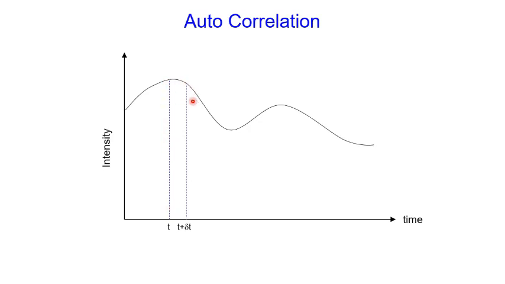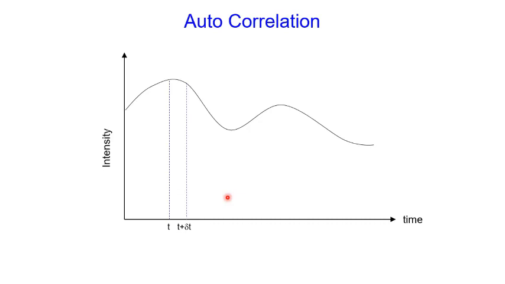So if it compares well, then you can see that the correlation between these two signals is good. Okay. So that is how the correlation is derived when you compare the intensity of the signal after a particular time interval with that of the original signal at time t. Okay. So here you can see that the correlation of the original signal and the signal after a very small time interval delta t is quite good.